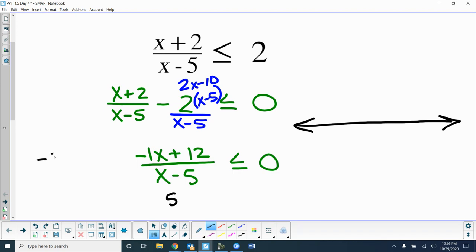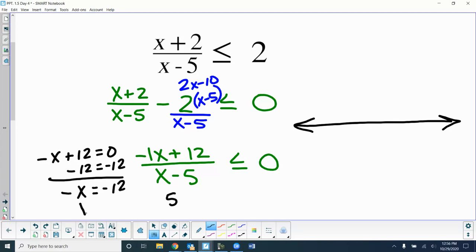It would be 12, won't it? If I show the work, I subtract 12. So I get negative x, or negative 1x equals negative 12. So that makes x equal to positive 12, right? So my two values are 5 and 12.